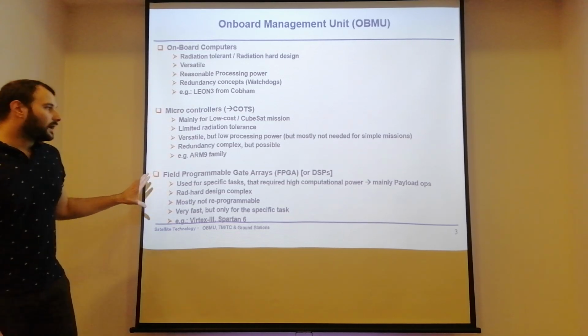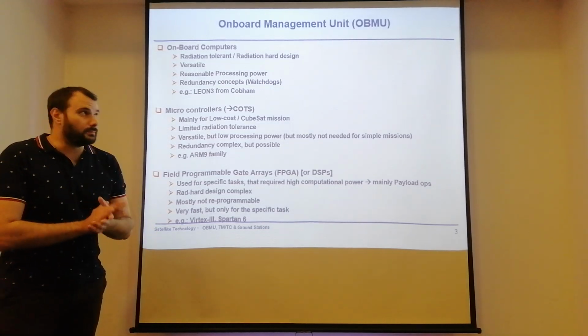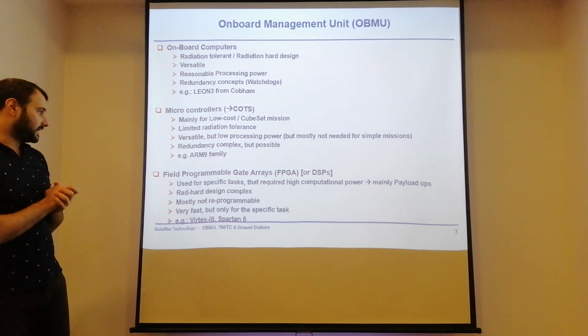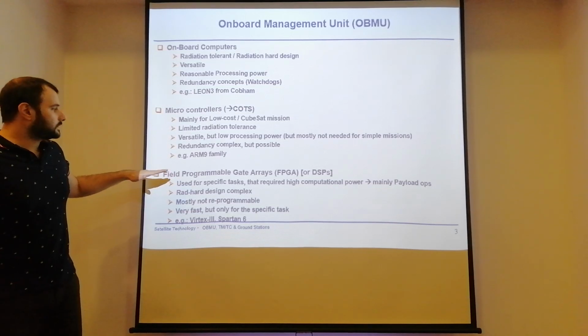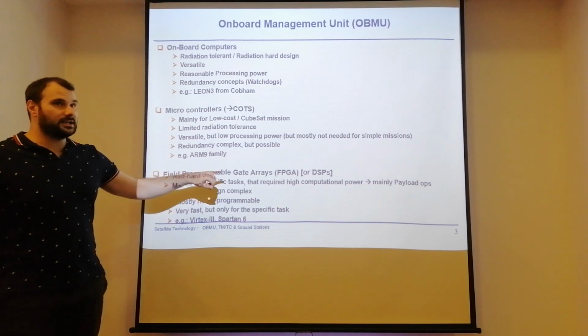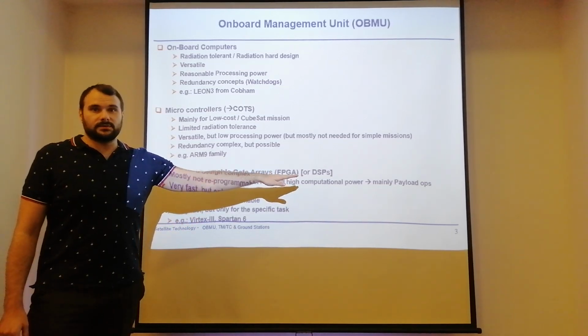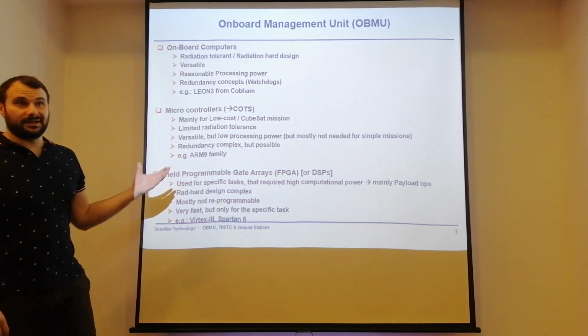The last group are some sort of different, specific management units for your satellite, and the mostly used ones in this category are the field programmable gate arrays, or FPGAs, but sometimes also DSPs, so digital signal processors, or something like this might be used.